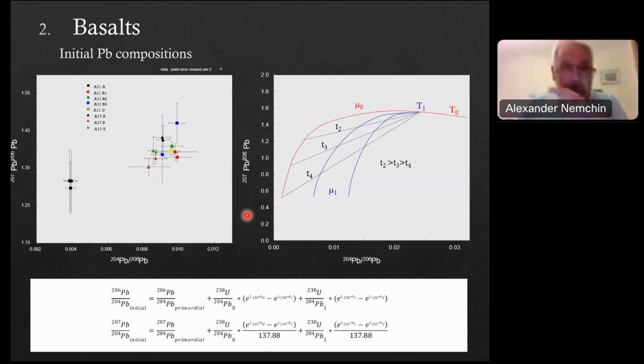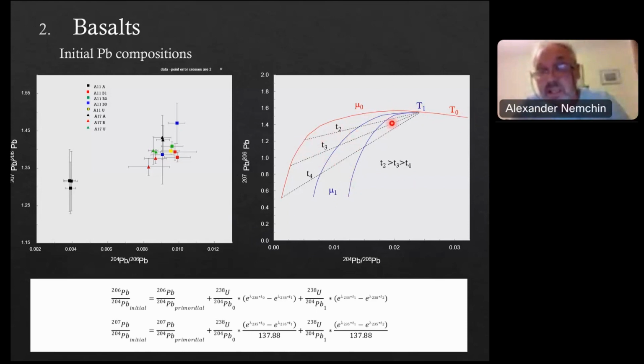So from analysis of basalts, we're not only getting ages, but also initial compositions. And remember the diagram I started, there are 3 stages. We've got these 3 stages, T0 somewhere to the right, and now we've got age of formation of basalt source, and then different basaltic sources can form.